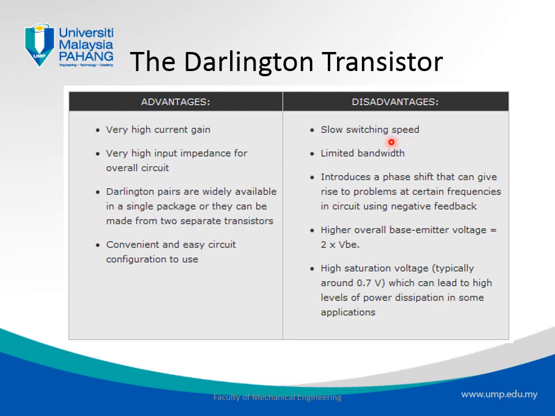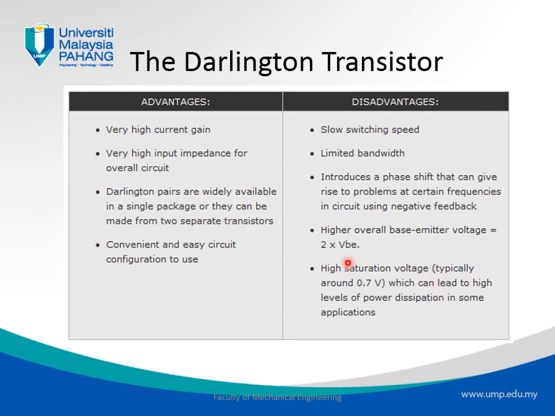This is not discussed here, but it is something very important if we want to go further in the study of power electronics. Therefore, if the switching speed is low, then we have a limited bandwidth, and it can also introduce a phase shift. Phase shift means it introduces a lag between the input and output that can give problems at certain frequencies.